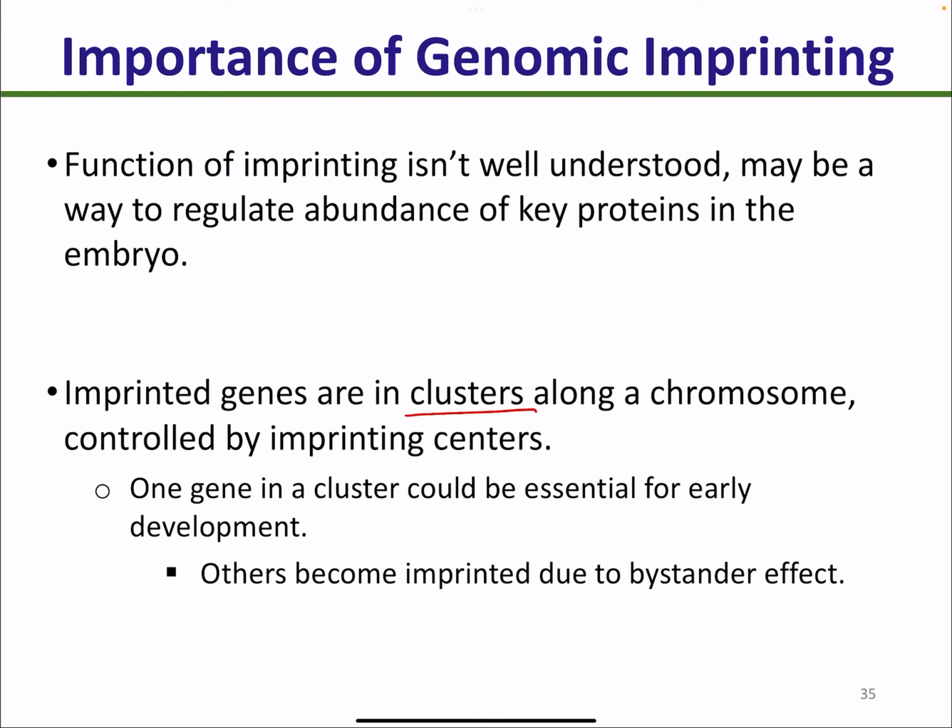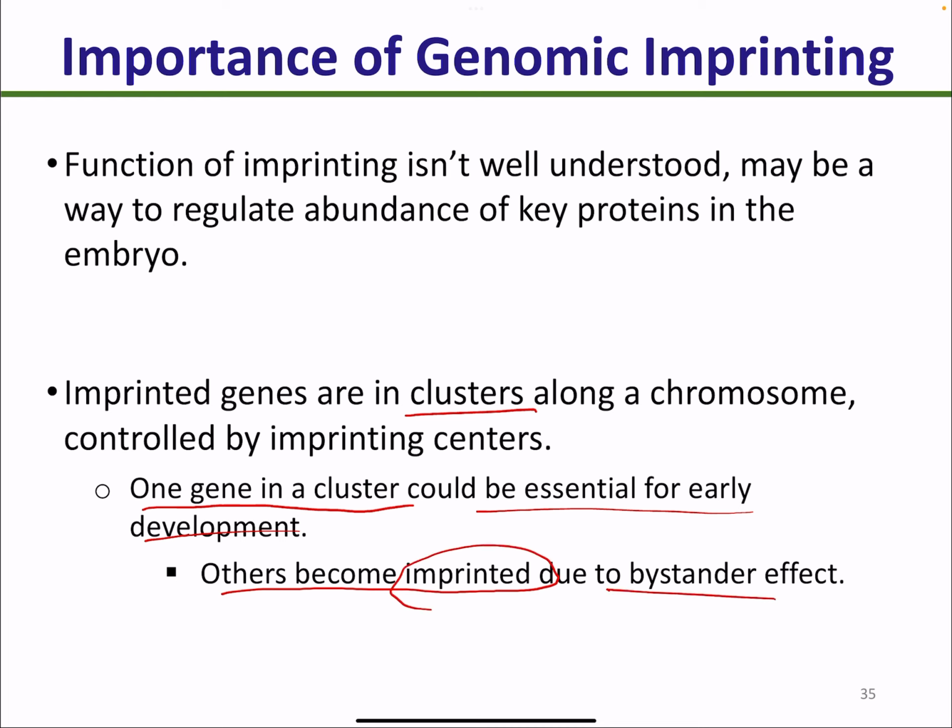Okay, which actually adds another layer of complexity in gene expression. So, one gene in a cluster could be essential for early development, while others become imprinted due to bystanders. So, basically, bystander effect.